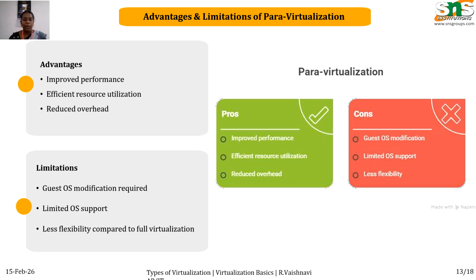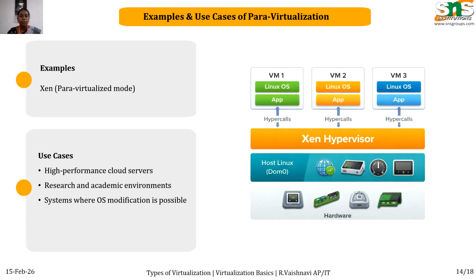The limitations will be guest OS modification required, limited OS support, and less flexibility compared to the full virtualization. Examples will be the Xen, that is para virtualized mode. The use cases will be high performance cloud services, research and academic environments, and systems where the OS modification is possible.